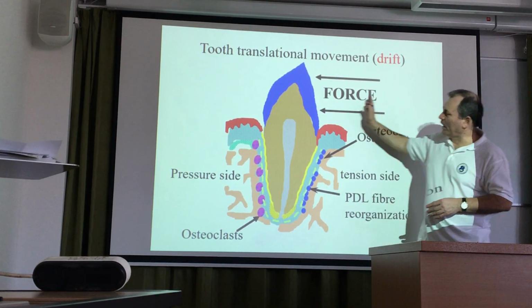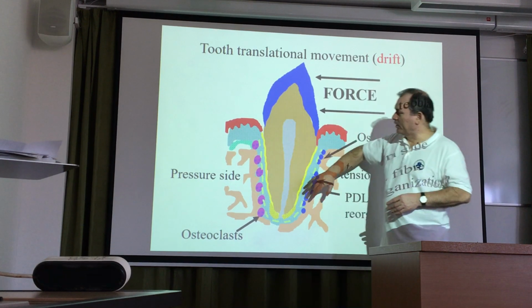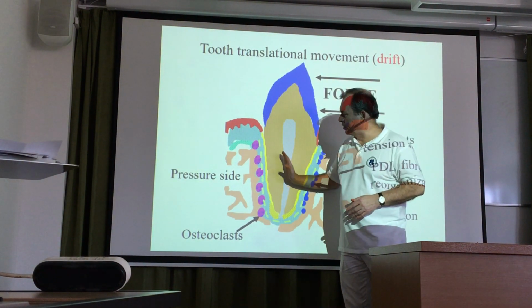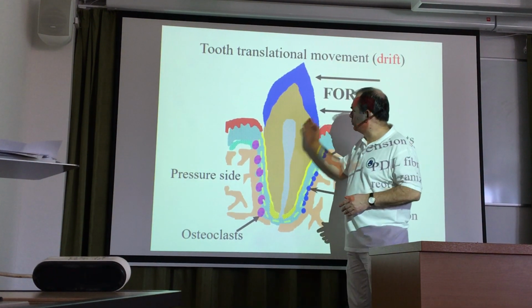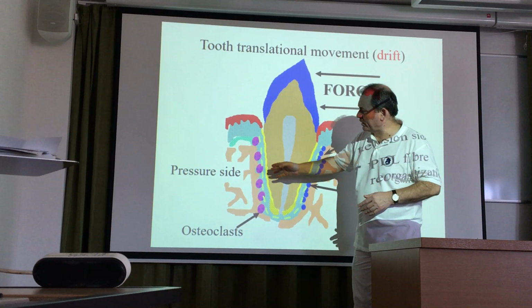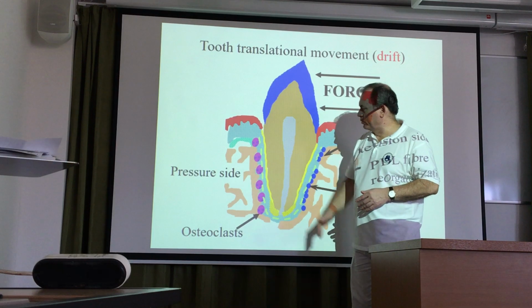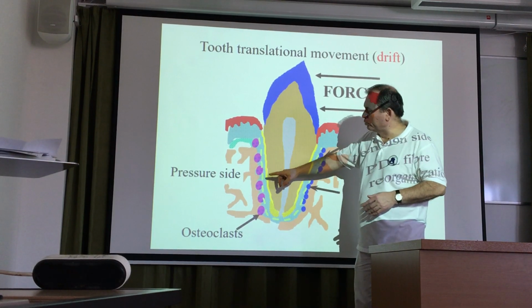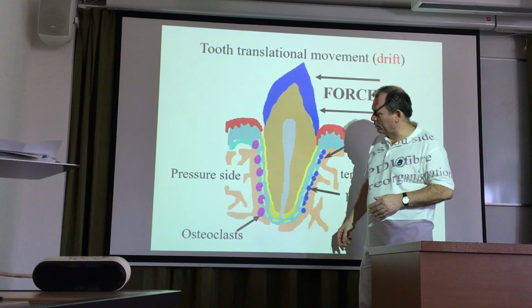On the other side there will be the pressure side, because with the force the root is pressing against the surface of the lamina dura. This is the lamina dura.